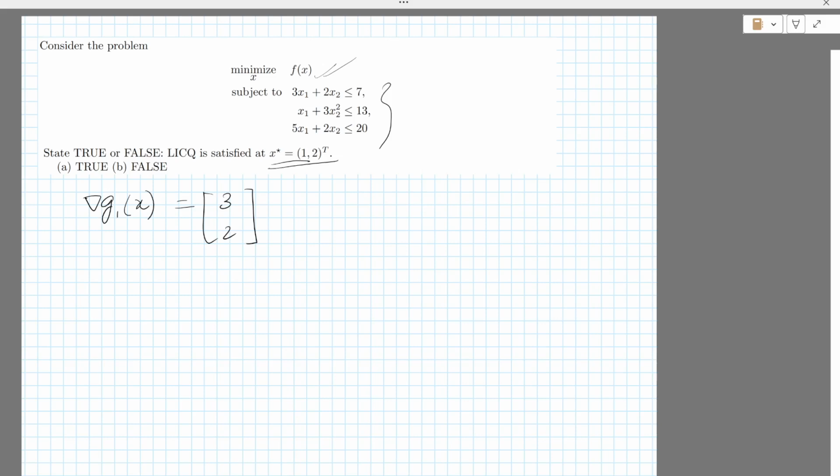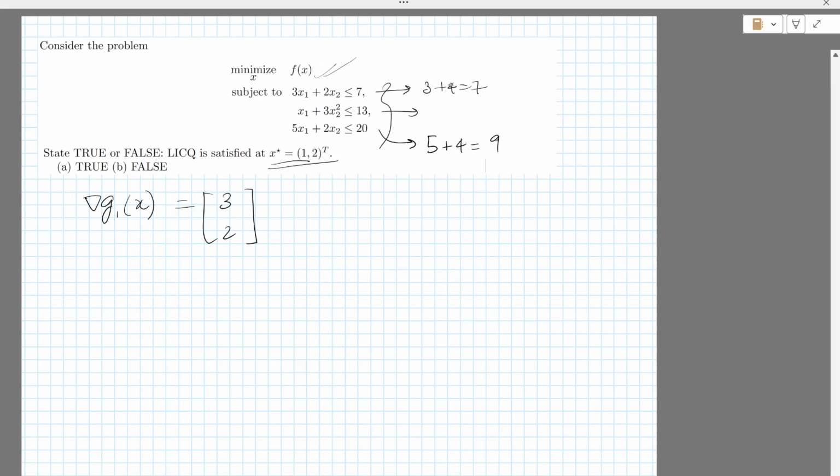And then I need to check it only for the active constraints. So is this active? 3 plus 4 is equal to 7. Here I have 1 plus 12, which is equal to 13. Here I have 5 plus 4, which is equal to 9.